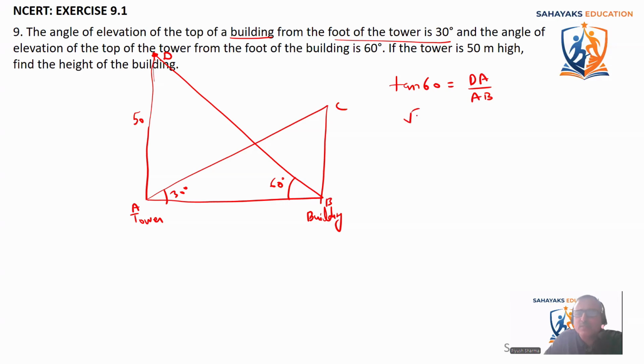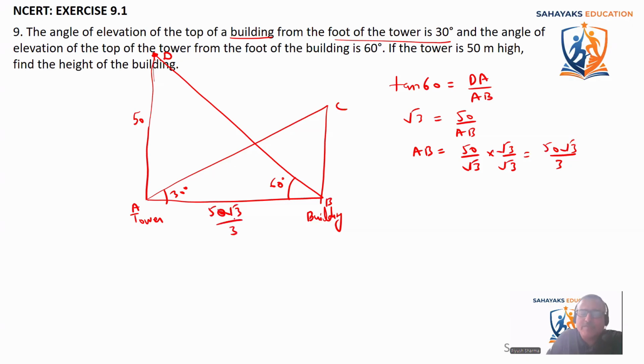So tan 60 is root 3 is equal to 50 divided by AB. So AB comes out to be 50 divided by root 3. And if we rationalize the denominator, this comes as 50 root 3 by 3. So the distance here is 50 root 3 by 3.